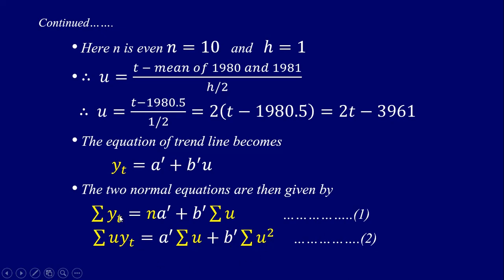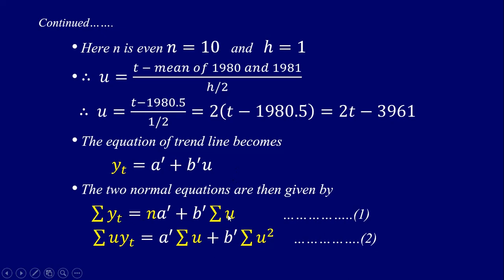Here n is equal to 10, and the remaining values, summation yt, summation u yt, summation u and summation u square, we get from the given data. Solving these two equations, we find the values of a dash and b dash, and substituting them in the equation of the trend line, we get the required equation.